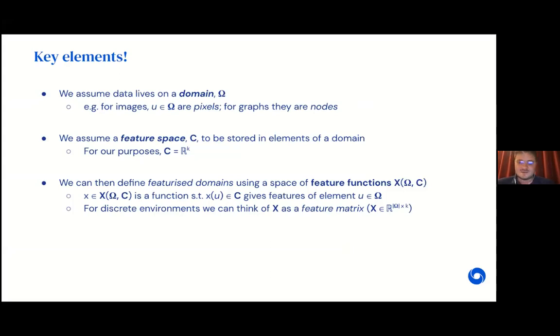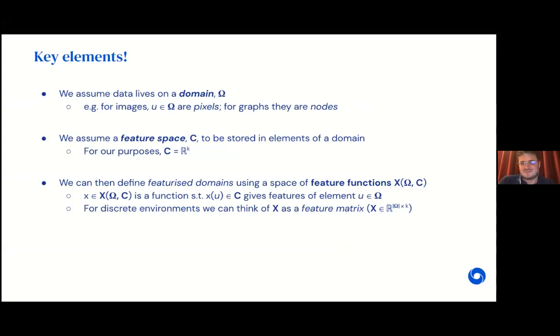And typically in representation learning, we're interested in featurizing the domain, that is attaching some feature representations to every single element of the domain. And therefore, we need to assume some kind of a feature space C for every element of the domain. And for our purposes and the way deep learning is typically implemented, this feature space will be just k-dimensional real vectors.